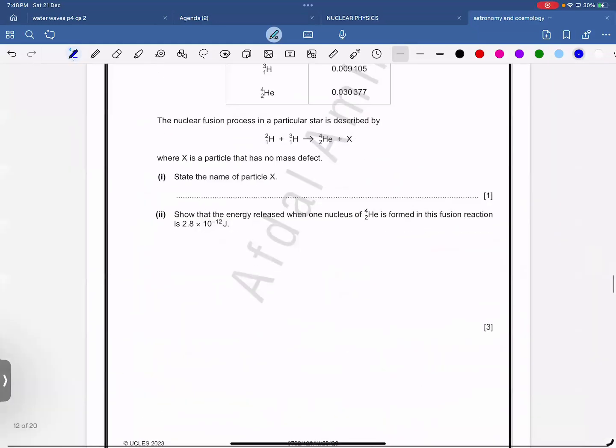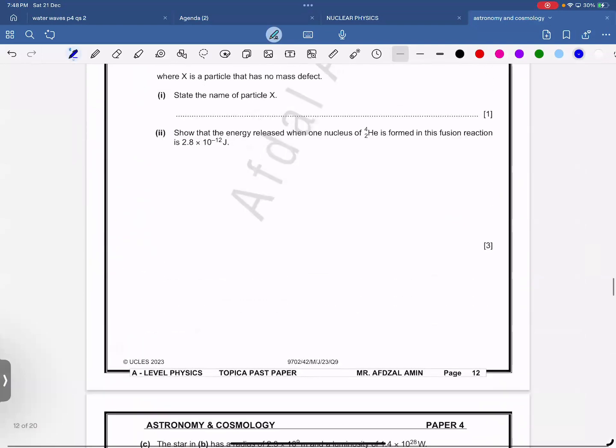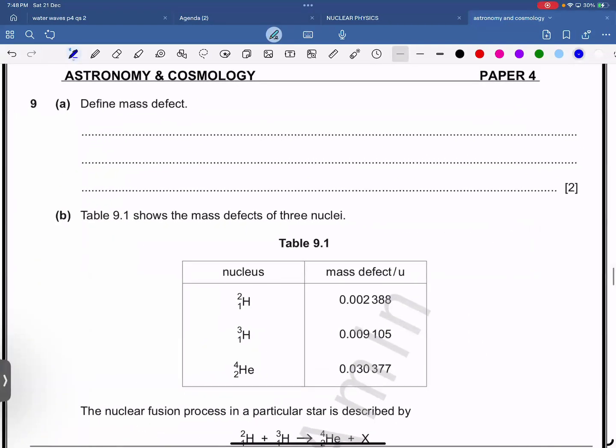Mass defect. Mixed question, okay. So mass defect, my dear students, you already know: the difference in mass of the nucleus and the mass of individual nucleons. Yes or no?